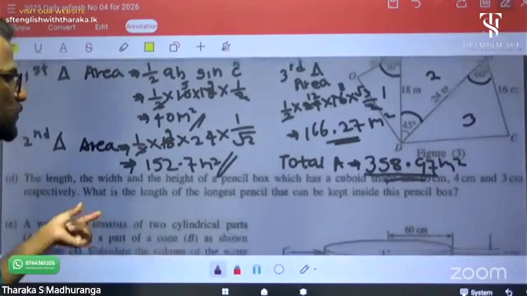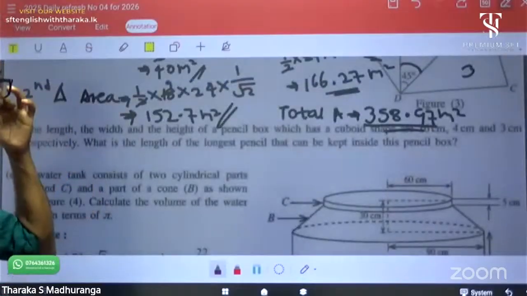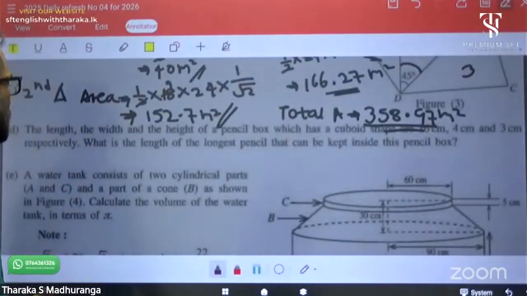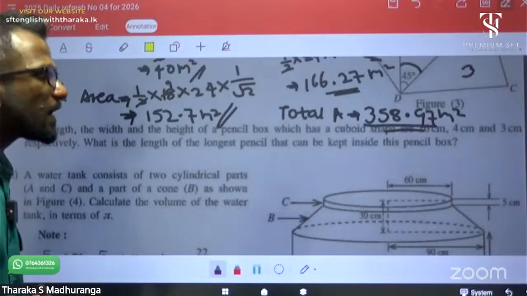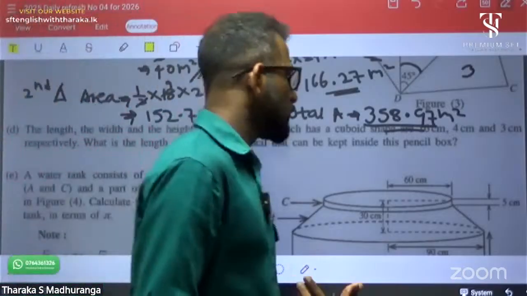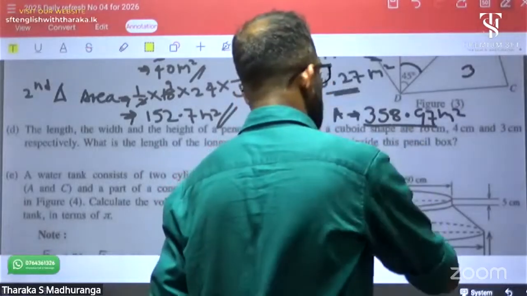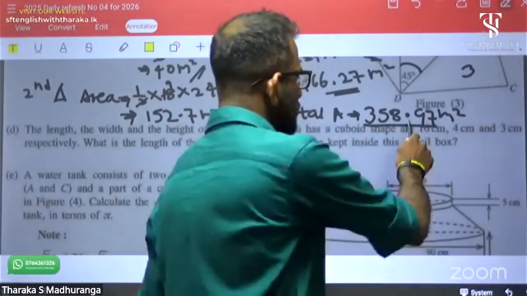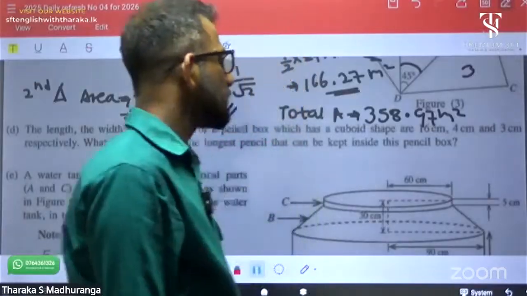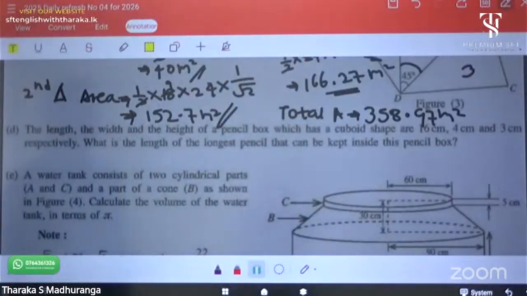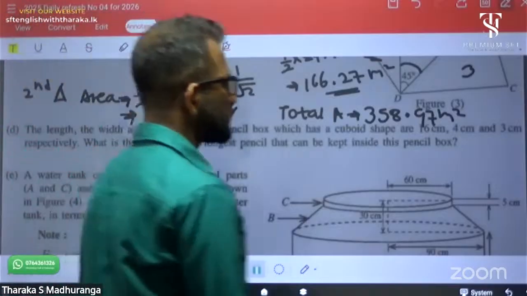Good. Okay, let's move on to part D. The length, width and height of a pencil box which has a cuboid shape are 16 centimeter, 4 and 3 respectively.